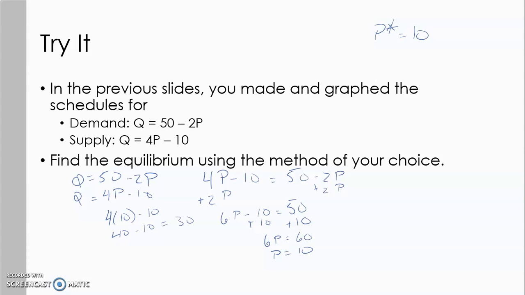That's going to be our Q star. We can plug that into the other equation too, just to be sure. 50 minus 2 times 10 is 50 minus 20. That's also 30. Yay!